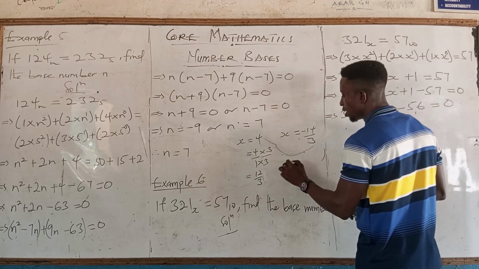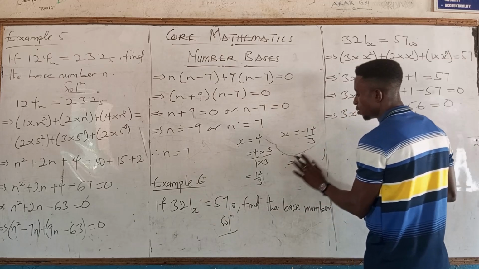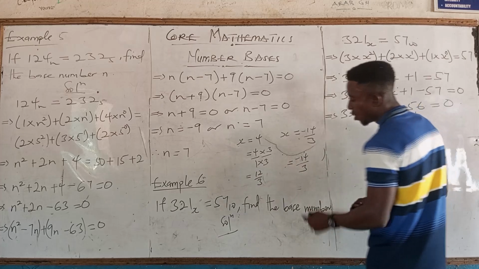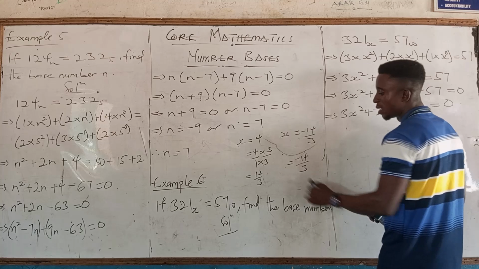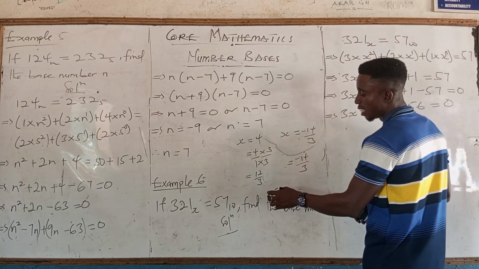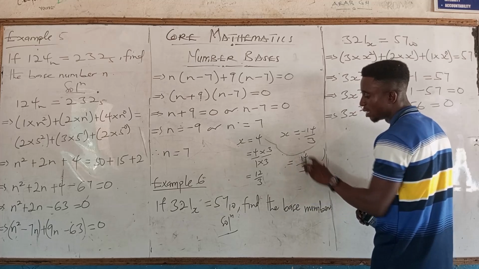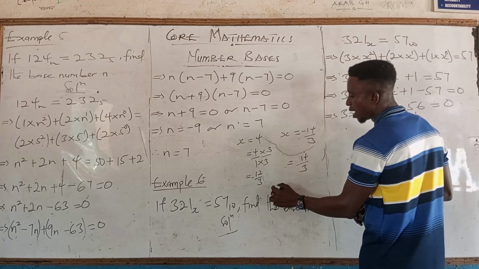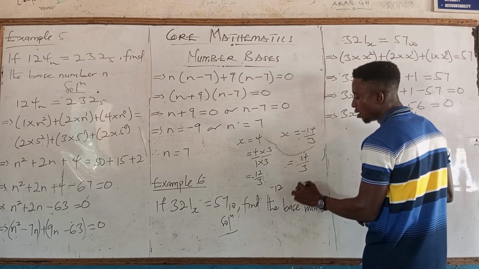And this one is negative 14 on 3. So now the denominators are the same. So what do we do? We change their signs. So changing their signs, this one will now be positive and this one will be negative. So the numbers are negative 12 and 14.